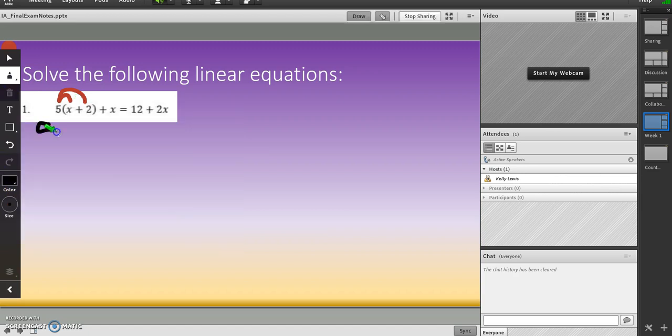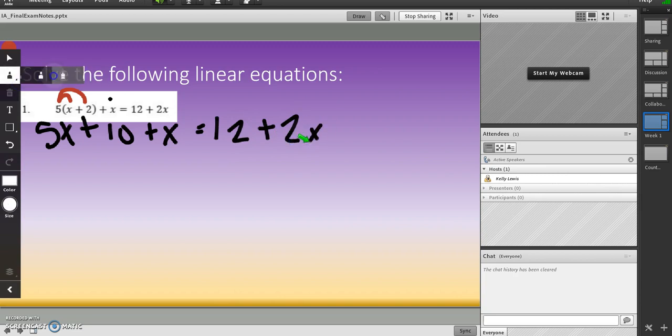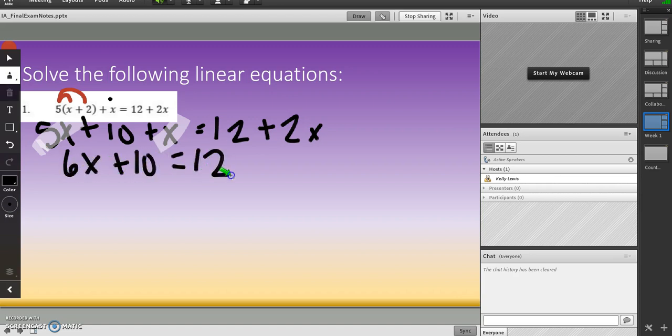So 5 times x is 5x. 5 times 2 is 10. Then I have that x equals 12 plus 2x. Then I need to combine like terms, so I have 5x plus an x. So I get 6x plus 10 equals 12 plus 2x.